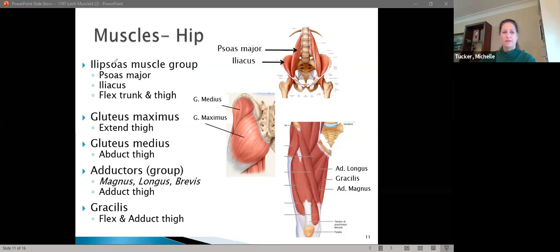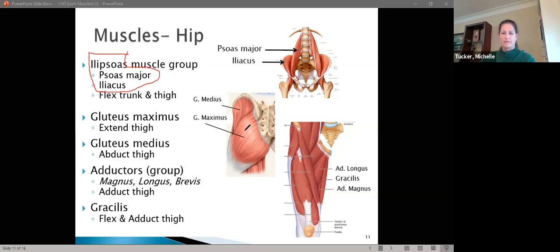They are called the iliopsoas muscle group, and it is made up of psoas major and iliacus. It's important to know the two muscles that make up this group. So know the iliopsoas group, made up of psoas major and iliacus. Make sure you can identify them separately and then as a group.